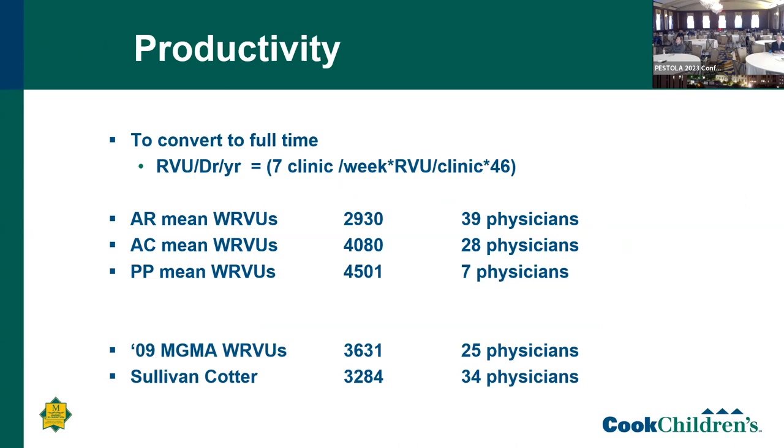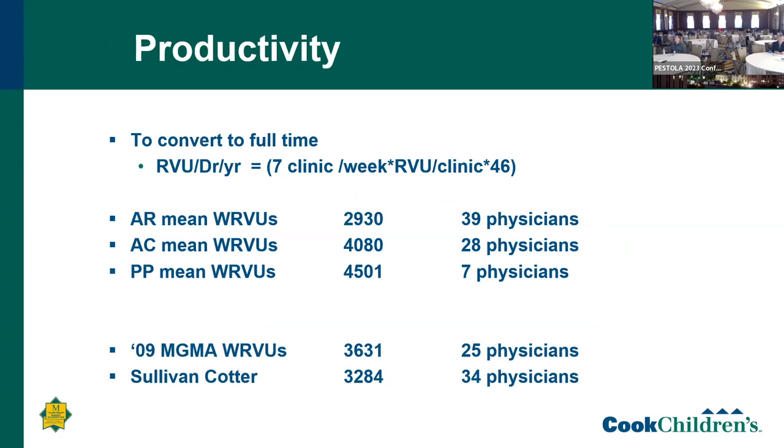So from our study, we were able to see that the academic researchers, when you convert it to full-time, and this is very important, because our definition of full-time is 7 clinics per week, times 46 weeks, and of course there are no academic researchers who do 7 clinics a week.